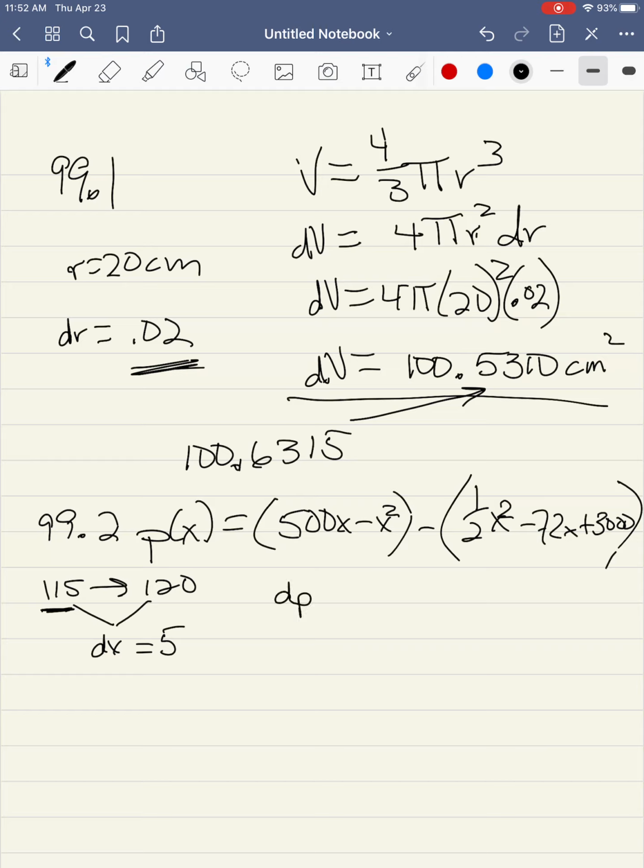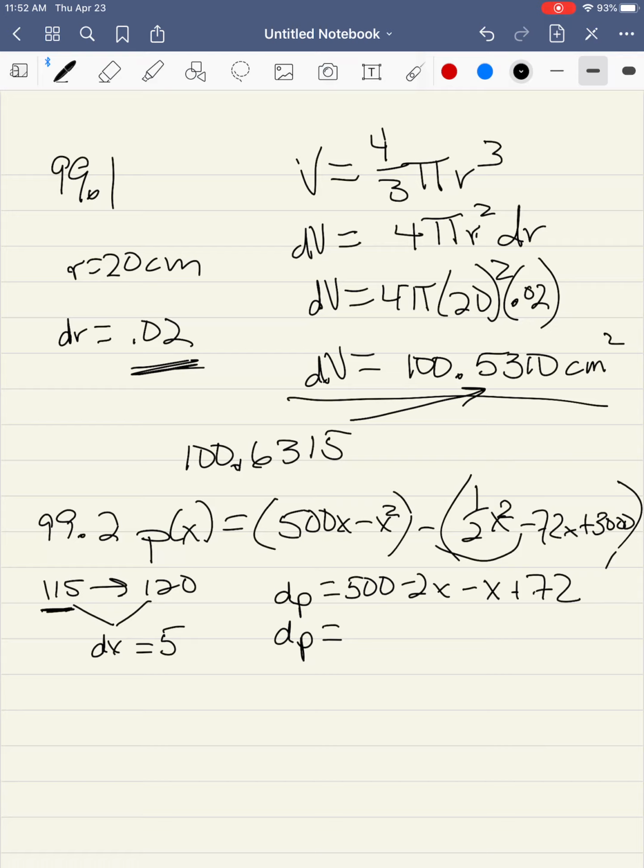So we're going to start by taking the differential. So dP will be equal to 500 minus 2x minus x plus 72, and then the derivative of 3,000 is 0.